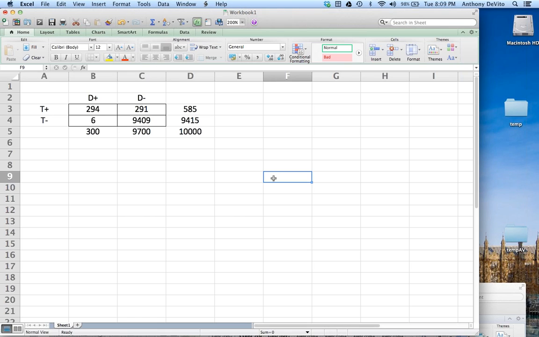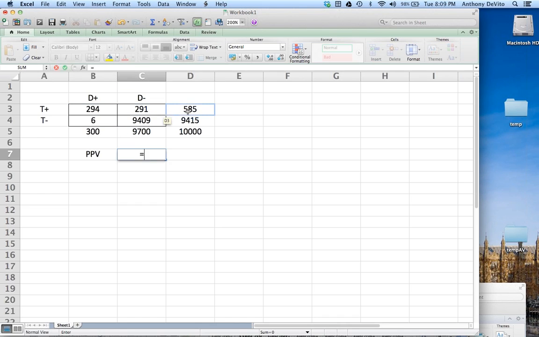So now my positive predictive value. What is my positive predictive value? My positive predictive value is the probability that you have the disease if you test positive, right? The probability that you actually have the disease if you've tested positive. Okay, so how many people have tested positive? 585 people have tested positive, but only 294 have the disease.